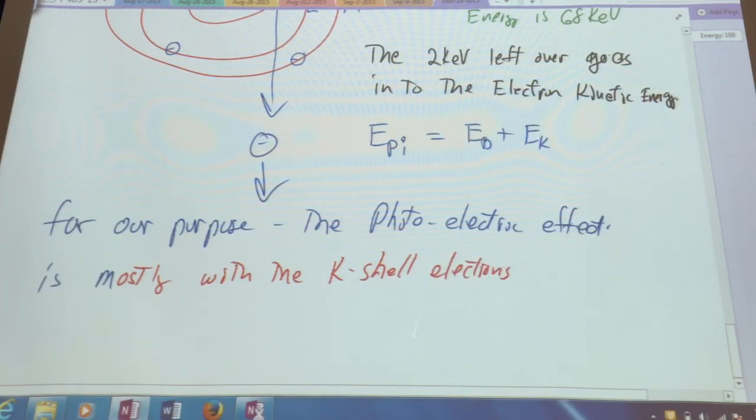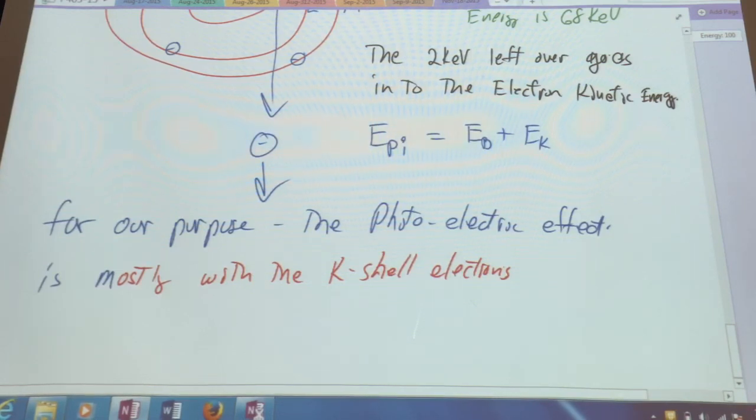It does happen with the outer shell electrons, but we're mostly interested in the interaction with the K-shell electrons. So what do you know about the binding energy in the K-shell? The binding energy is the highest in the K-shell. Yes, the most tightly bound electrons are in the K-shell.